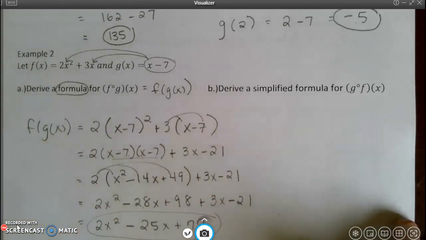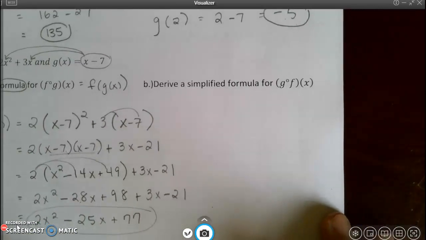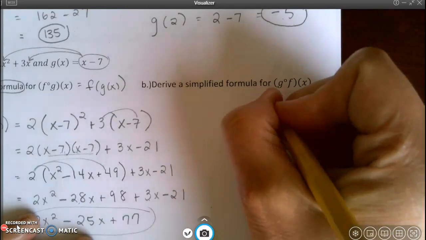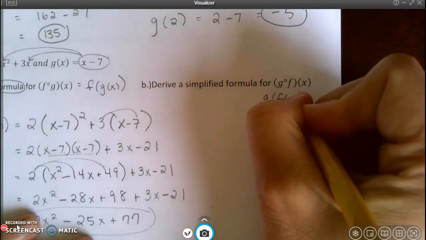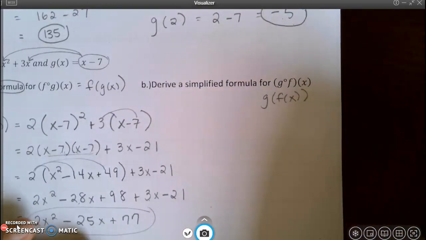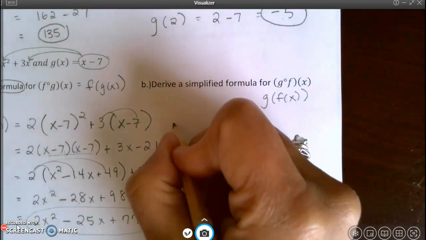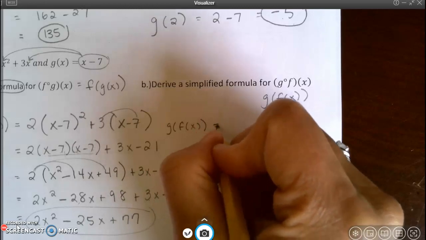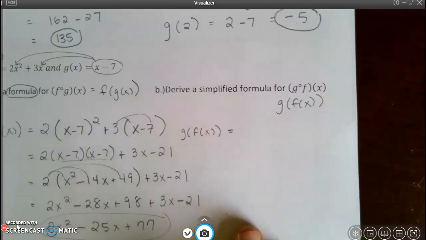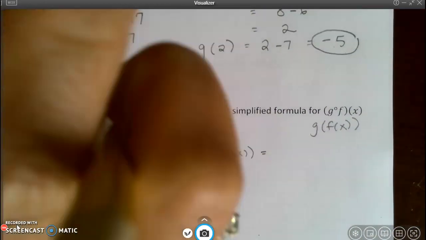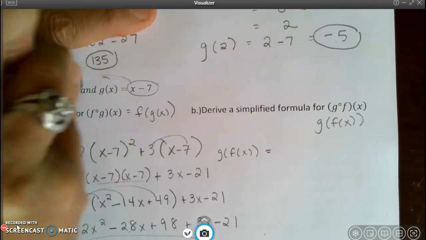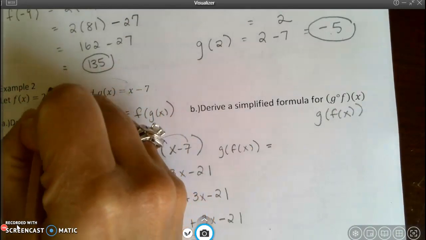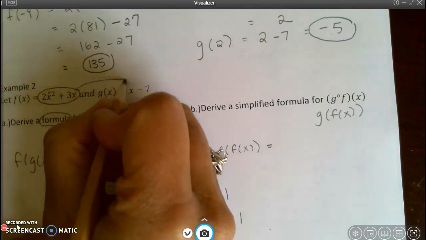Right. Now we're going to derive the formula where we put f into g. So we're doing g at f of x this time. So I'm going to have g at f of x equals, so now instead of putting the x minus 7 in, I am going to put f, this whole thing, right there.